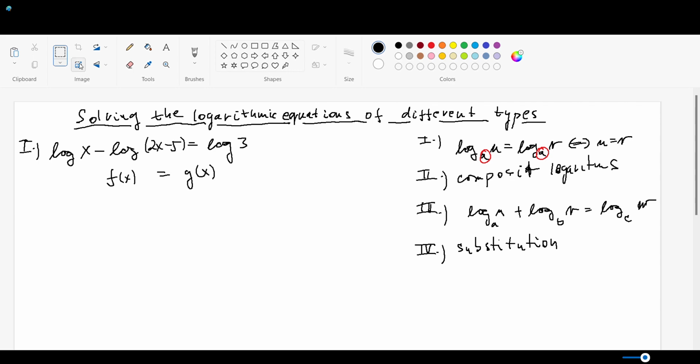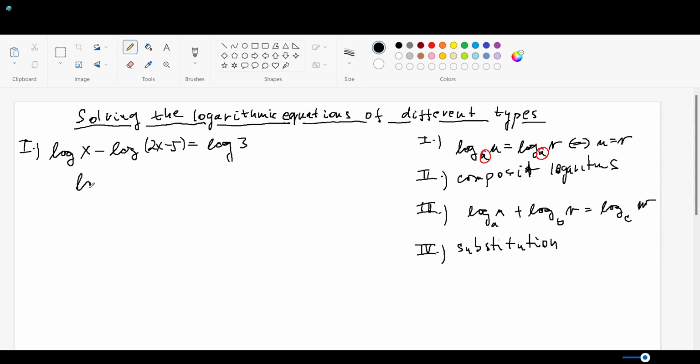So let me solve this equation. When solving an equation where the bases are the same, we use the laws of logarithms, which were explained in the previous videos.